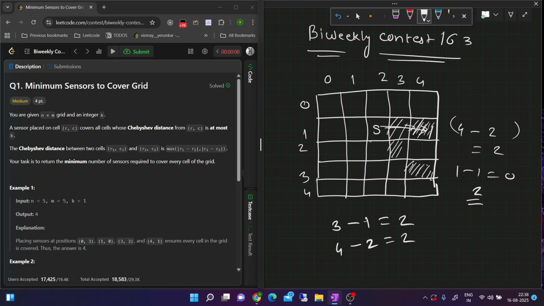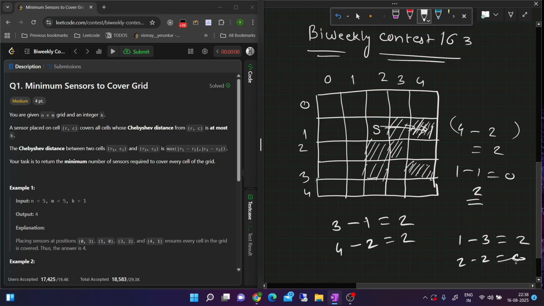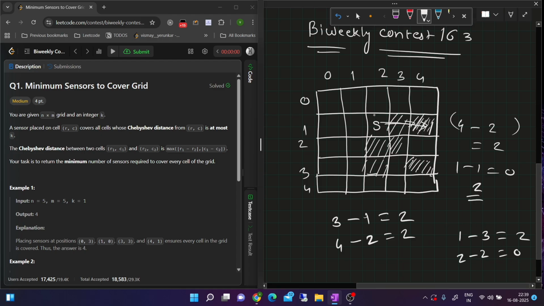Similarly, if we consider this vertical part, this would be covered, because starting from this, the row distance would be 1 minus 3 equal to 2, and as the columns are the same, it would be 2 minus 2, which is simply 0. Okay, so we know that if we place the sensor at this particular cell, then it will cover this part, this part, this diagonal part, and this part too.